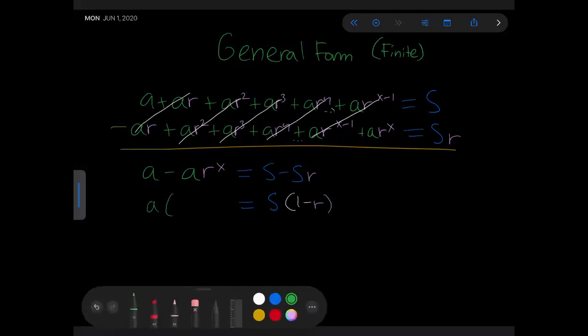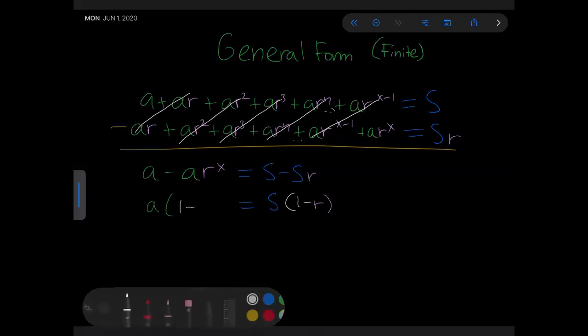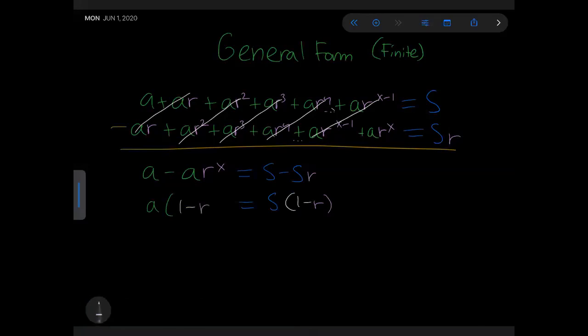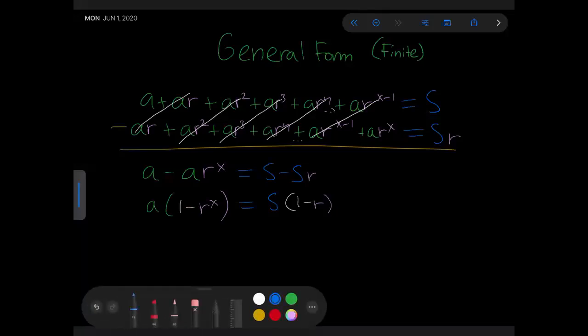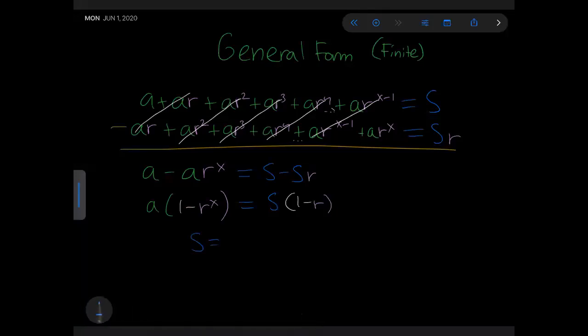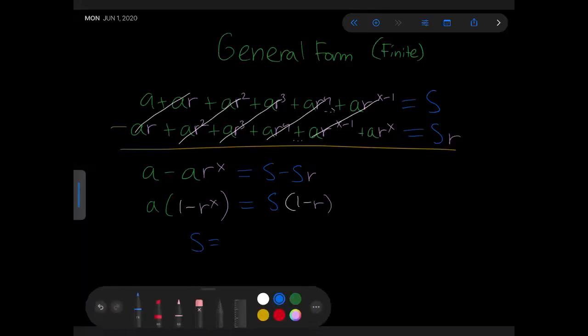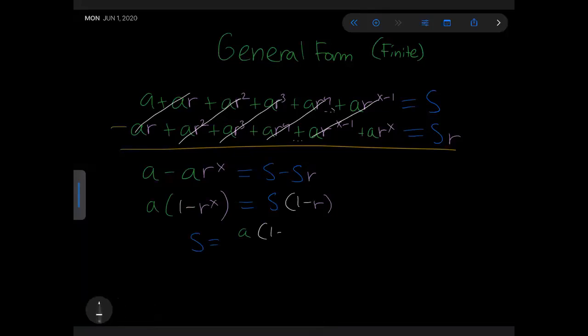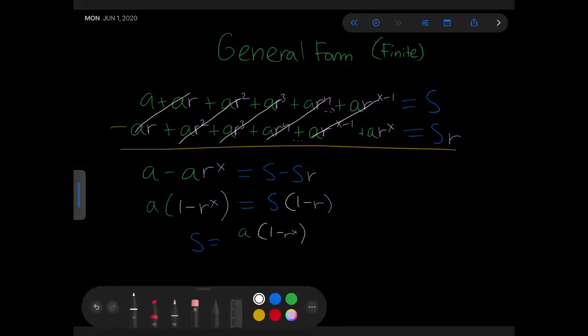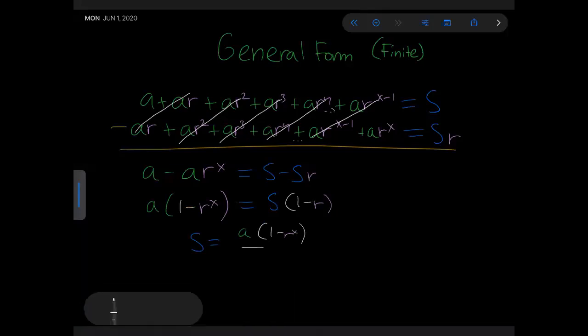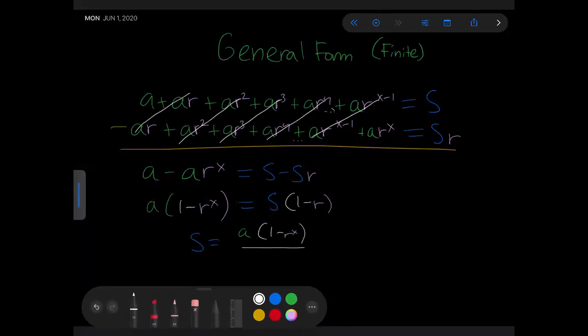So a times 1 minus r to the x. So s is going to equal a times 1 minus r to the x, over 1 minus r.